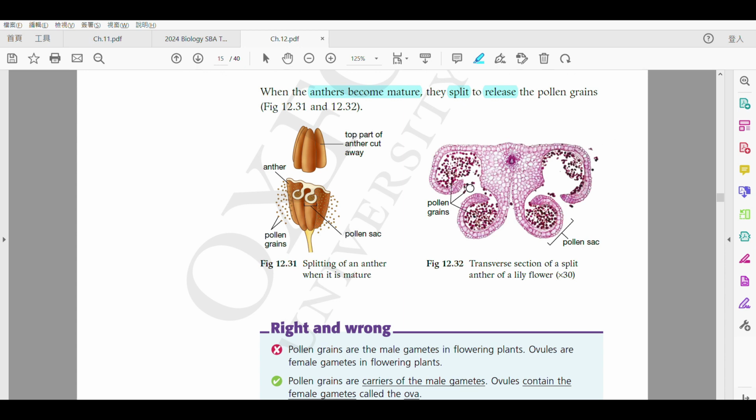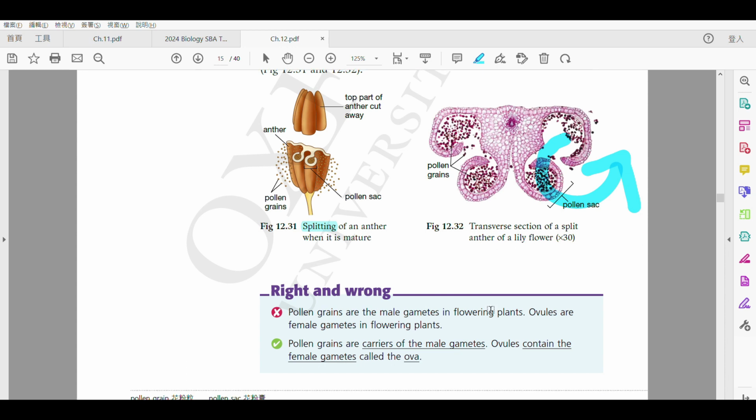And then they will be carried to the other flowers. Okay, just look at this diagram. So when it becomes mature, it will split. You can see splitting. When it splits, it will release the pollen grains and they will go out to other flowers or to the same flower.